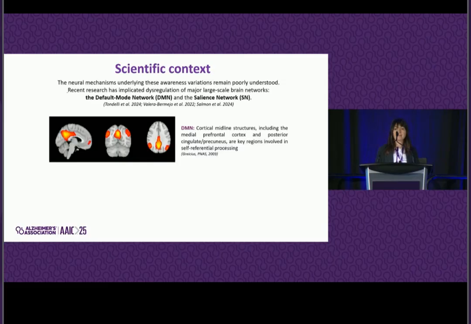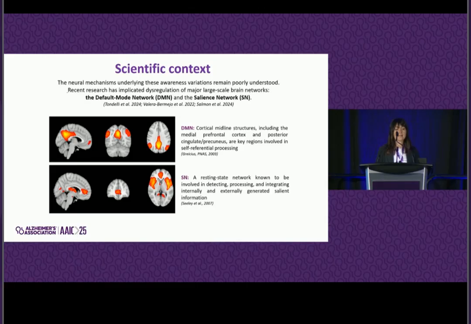We know that the default mode network is a resting state fMRI network involved in self-referential, self-processing, and is anchored to cortical midline structures mainly, including medial prefrontal cortex and posterior cingulate and precuneus. And the salience network is a resting state fMRI network known to be involved in detecting, processing, and integrating internally and externally generated salient information.